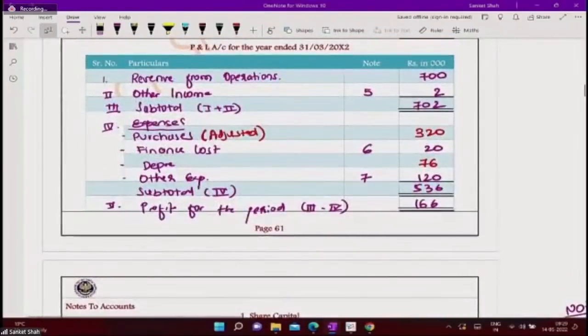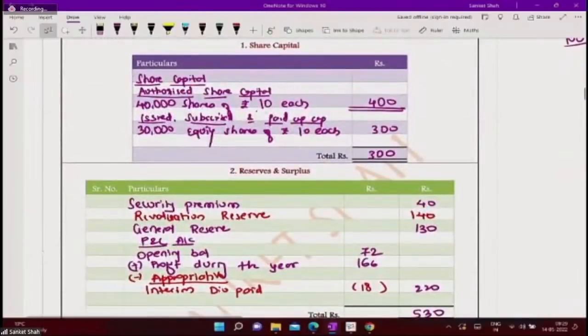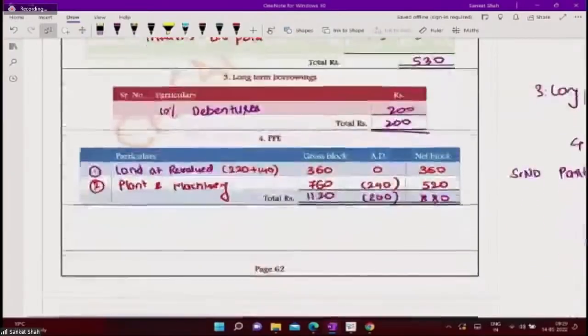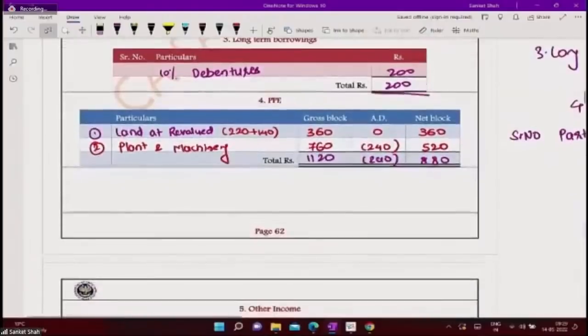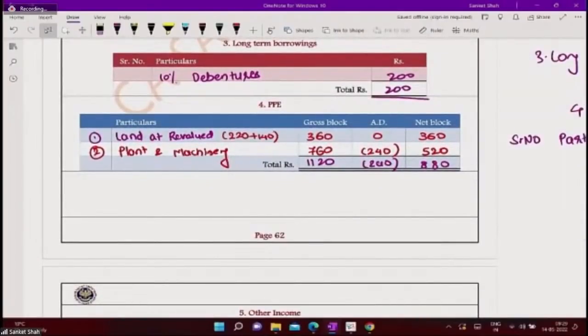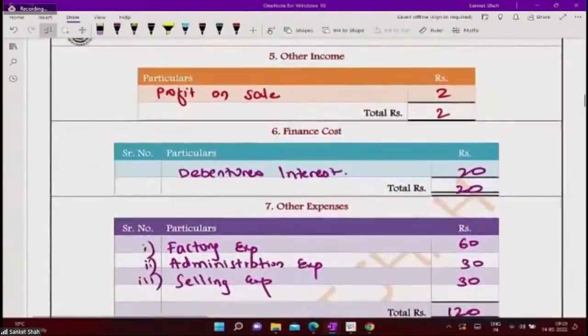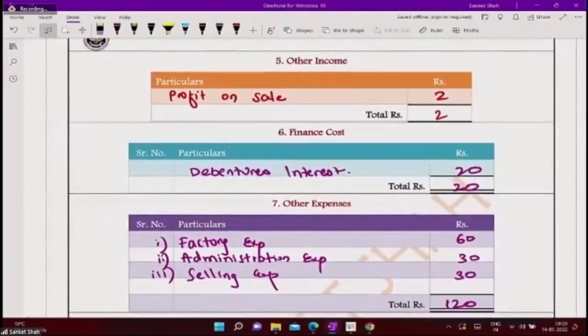Today's homework: share capital plus reserves and surplus, long-term borrowings and PPE, other income, and we are done with this question.